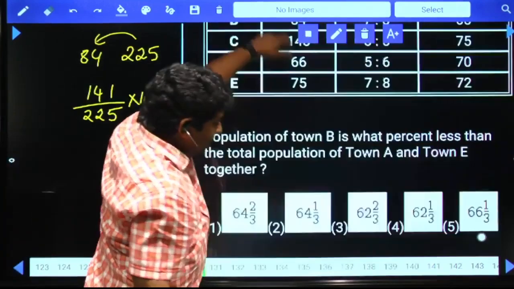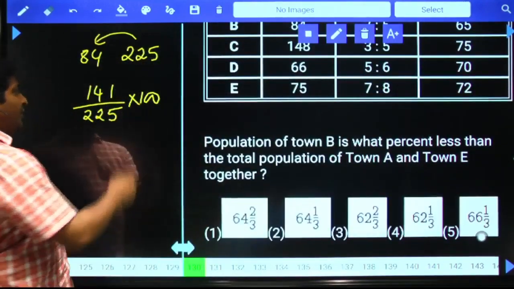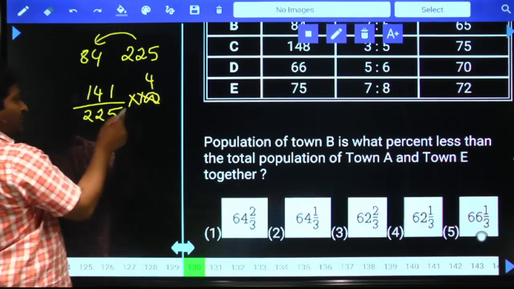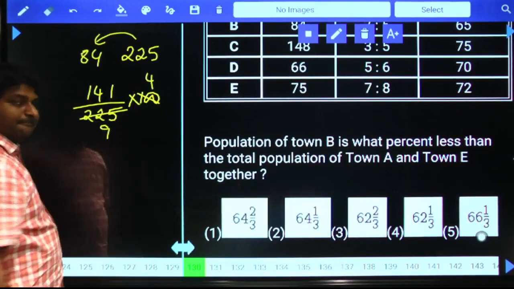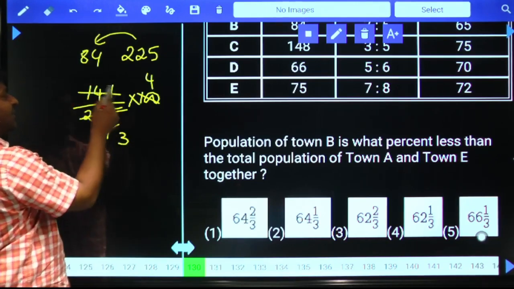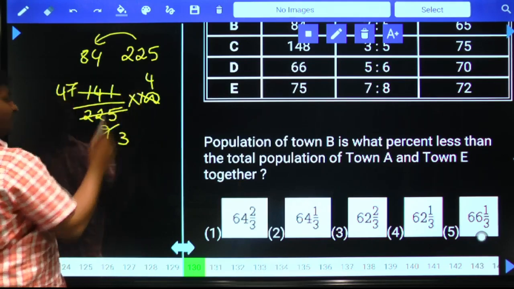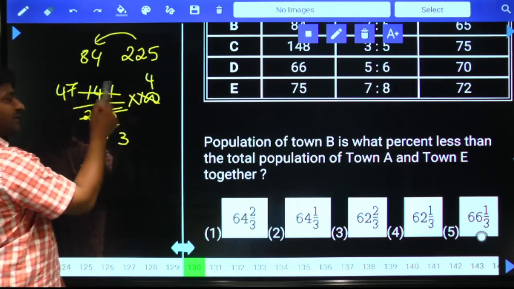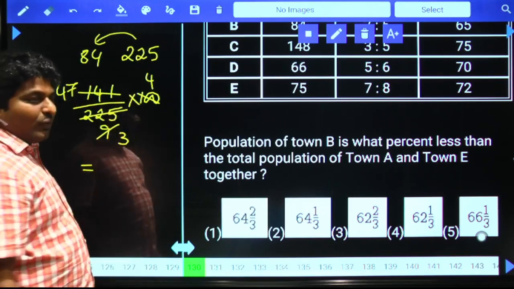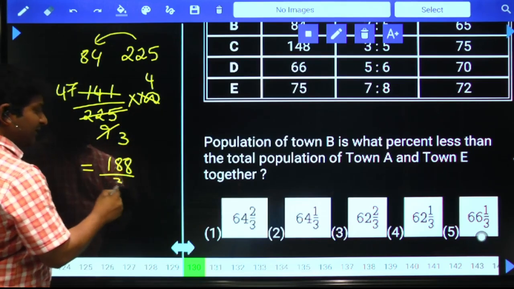Now, let me go to options first. Right. Now, 25, 4 times here, 25, 9 times here. 3 multiple, 3 times here, 3, 4 times, and then 7 times. 47 4 times, 44 is 160, 7 4 is 28. 160, 28, 188 divided by 3.